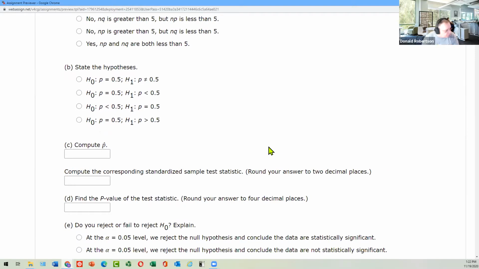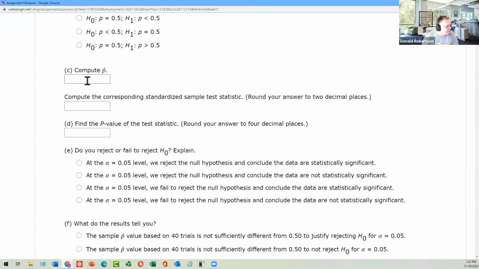Now, the null and alternate hypothesis, we had it a few seconds ago, but now you can't see it. It was that one. Compute p hat. Oh, I missed it, but p hat is 0.4. I'm not going to go back, but it's in that table, right? If you go and look at it. Compute the standardized sample test.